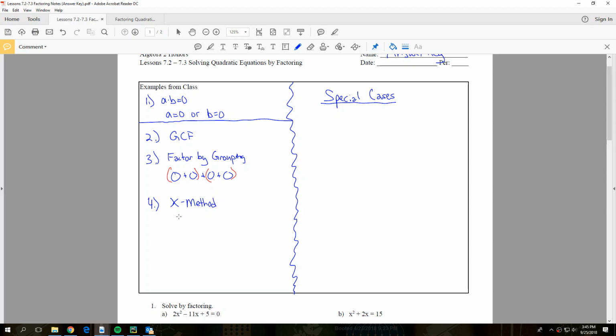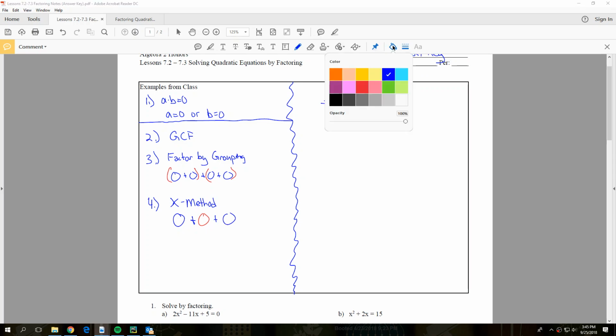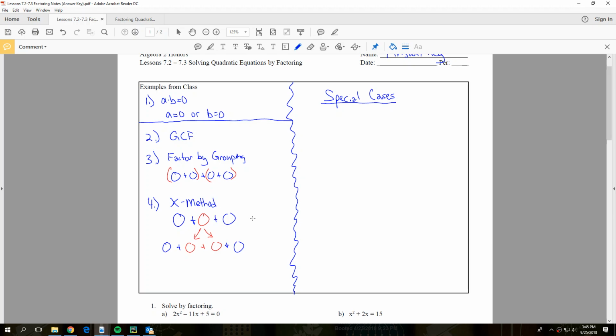But anyway, if you have a trinomial, something plus something else, and then plus another term, so 3 terms, trinomial. What we're going to do is break up this middle term and turn it into a polynomial with 4 terms. So we can then factor by grouping. So this is for trinomials.